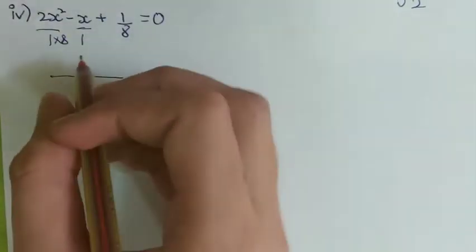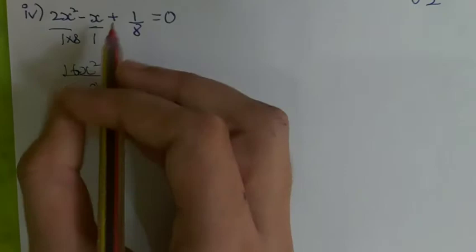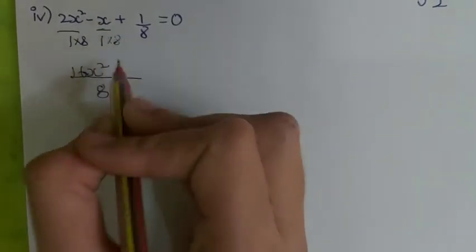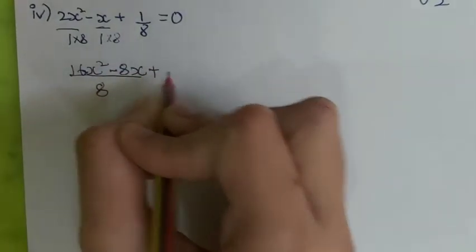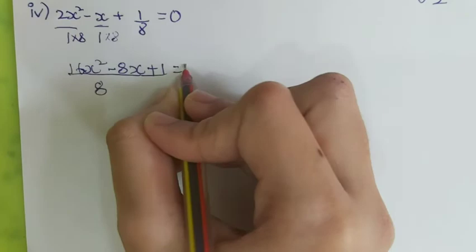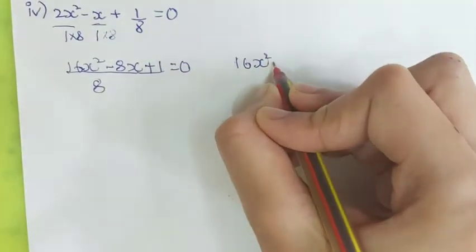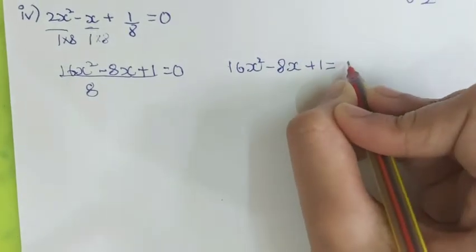So 2 into 8 is 16, so 16x square, and x into 8 is 8x, minus 8x plus 1 is equal to 0. Now here 16x square minus 8x plus 1 is equal to 0.